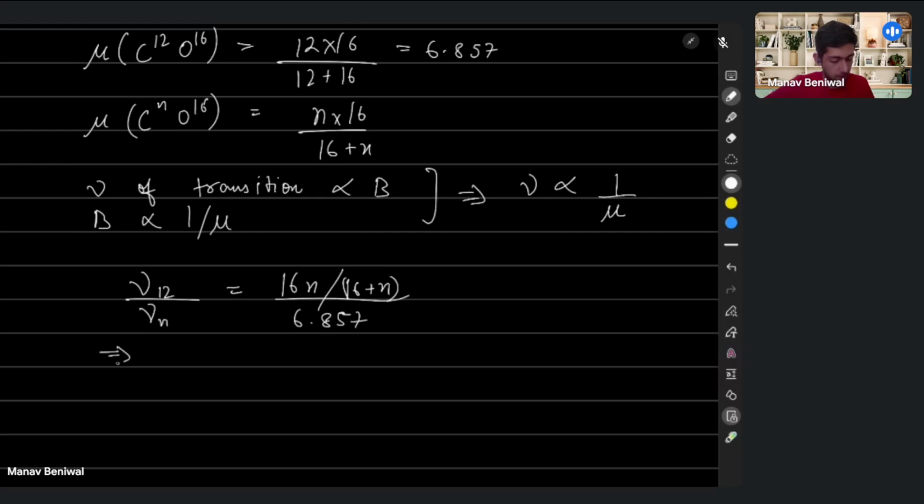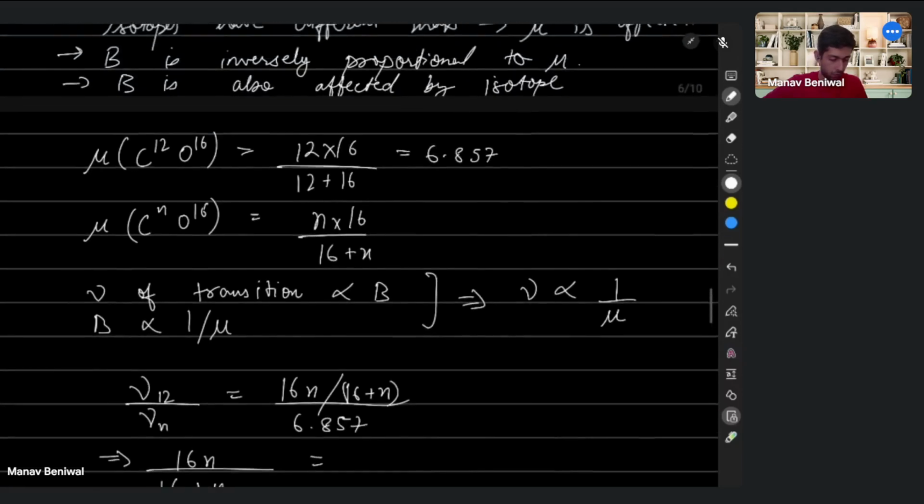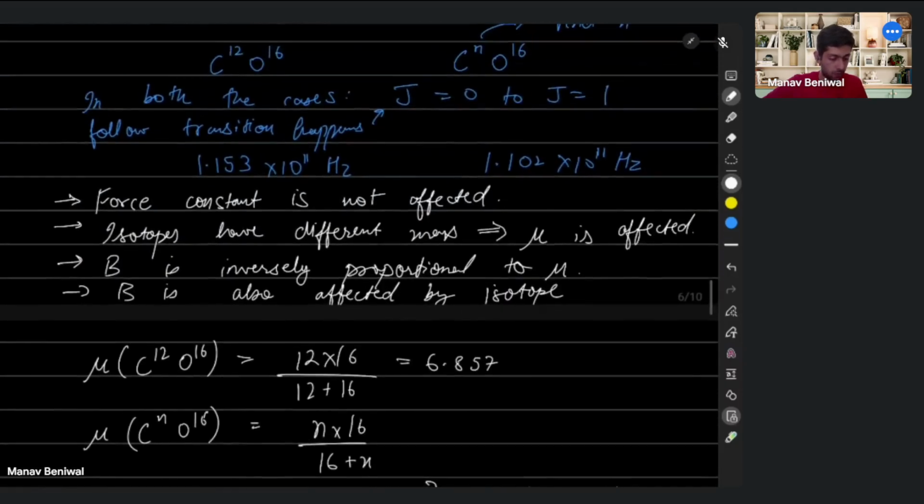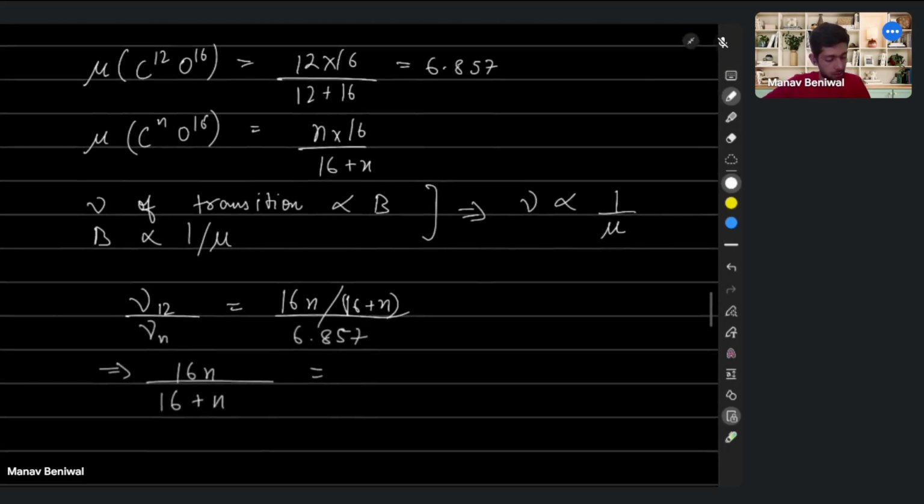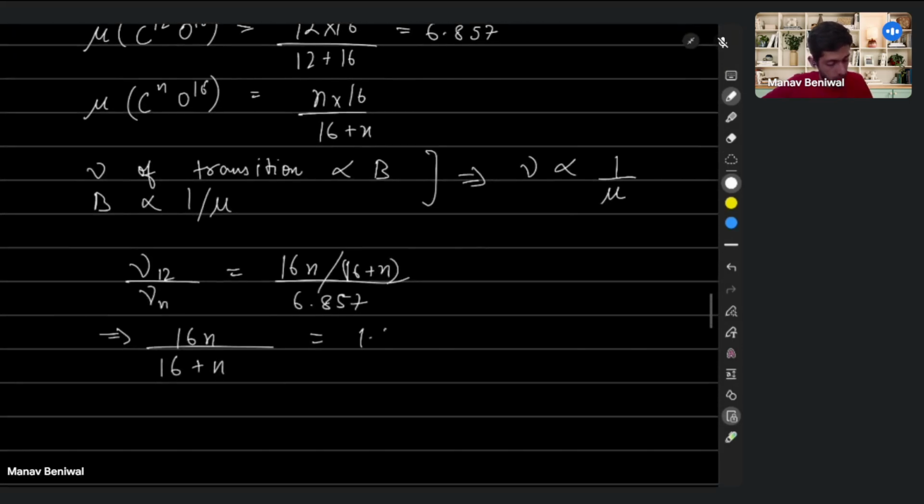So what this implies is, for 12 this was 1.153, and here it was 1.102. Multiply this by 6.857.